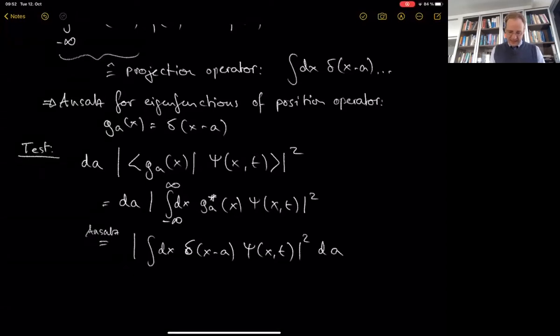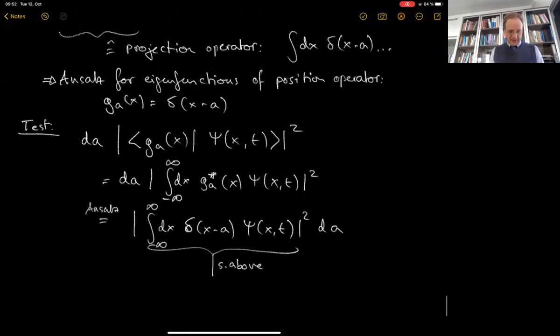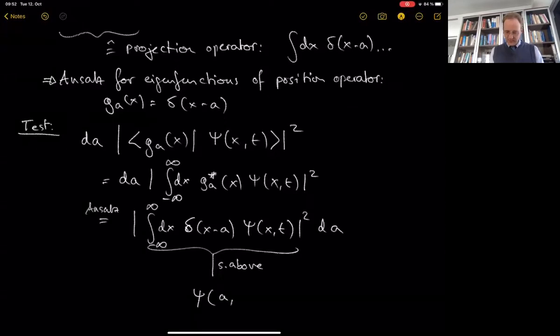And that means, as we have shown above, this integral from minus infinity to plus infinity is nothing else than our wave function at a, t, squared, dA.